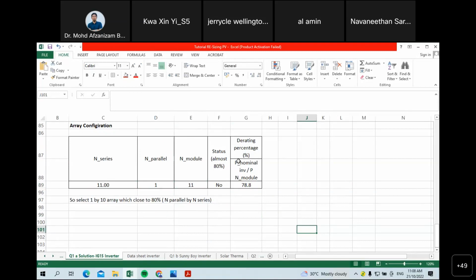So P nominal divided by P module, where P nominal is 1300, and the P module is 11 times 150, divided by 1650, and then we get this one. Can someone verify to sir this 78.8?